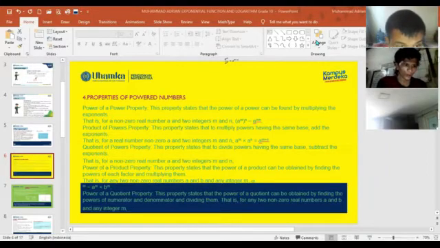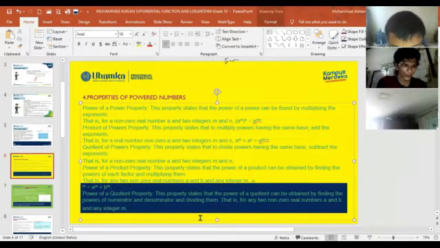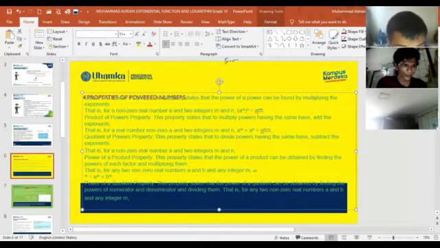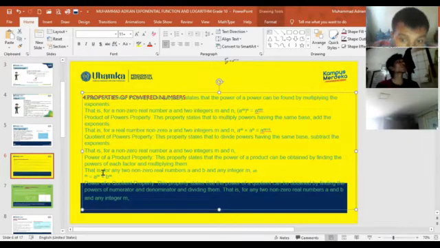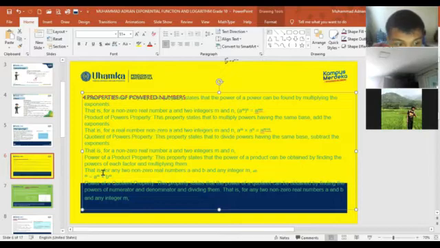That is, for any two non-zero real numbers a and b and integers m, (a × b) power m equals a power m × b power m. Power of a quotient property.